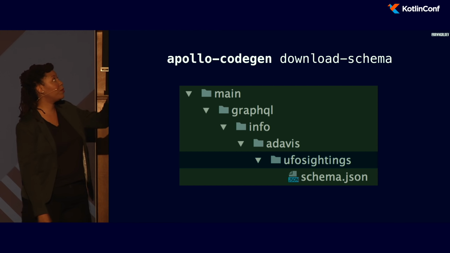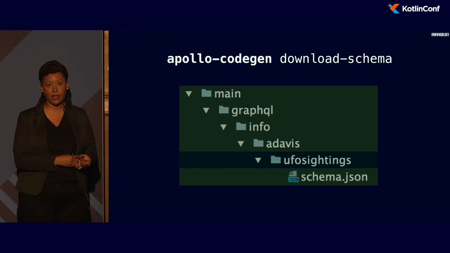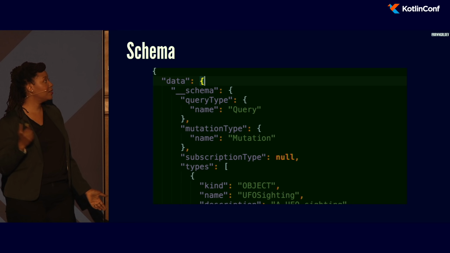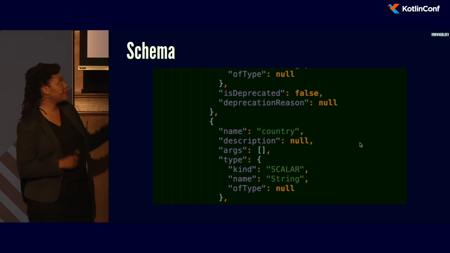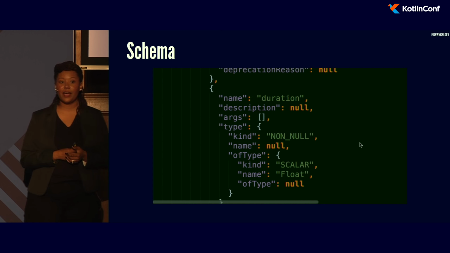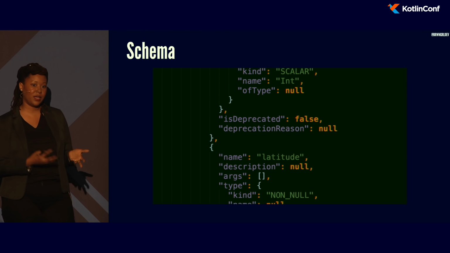So you would still have to use Apollo CodeGen to download the schema, and it just stores it as a JSON file. So GraphQL loves JSON, JSON everywhere. And if you take a little peek inside of it, it's just a super long, nesty JSON file, but it has every single thing that a client would be interested in knowing about your schema.